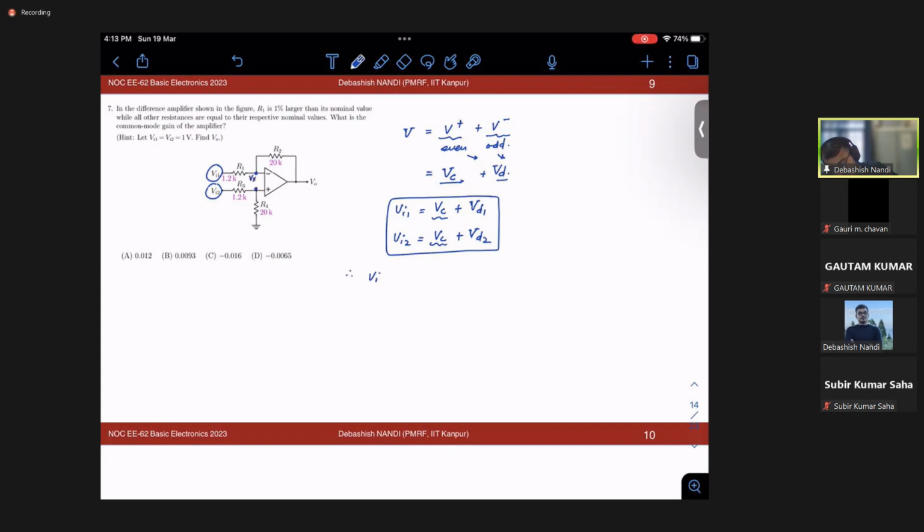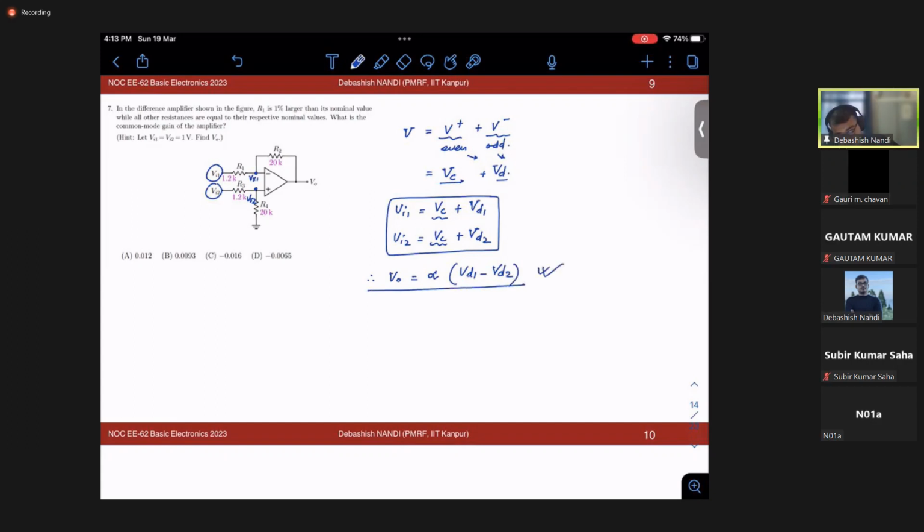Basically your V out should be of the form alpha times Vd1 minus Vd2, and the Vc minus Vc part should be equal to 0. So your common mode gain should ideally be 0, and your differential gain is what you want.